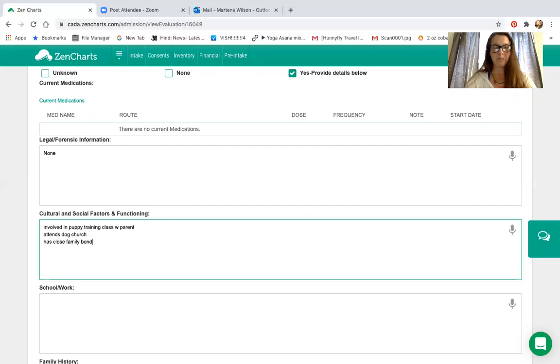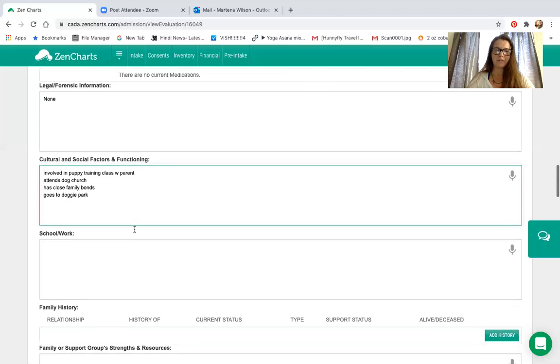Oh, goes to dog park, right? Something like that. I don't know. Goes to doggy park. Okay, and maybe if it's a kid, takes a dance class or something.